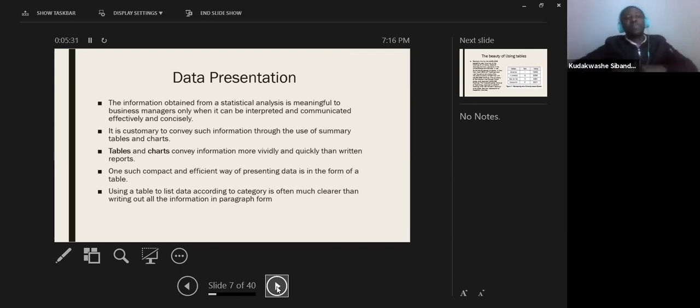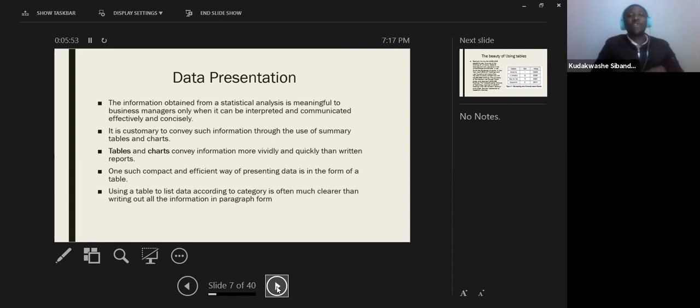Before you can make a decision, you need to present your data so that people can see and understand what you're trying to say, and then you can make the decision. So there is what we call data presentation. The information obtained from statistical analysis is meaningful to business managers only when it can be interpreted and communicated effectively and concisely.